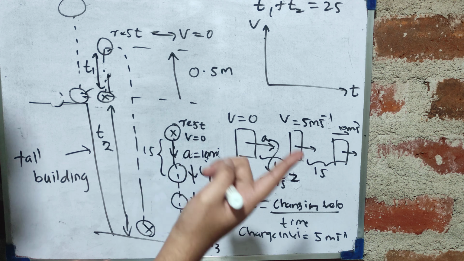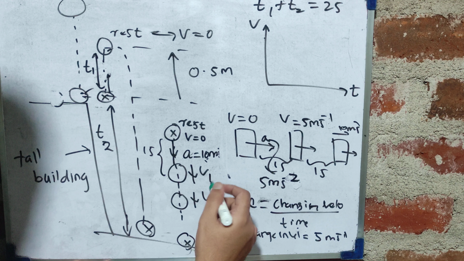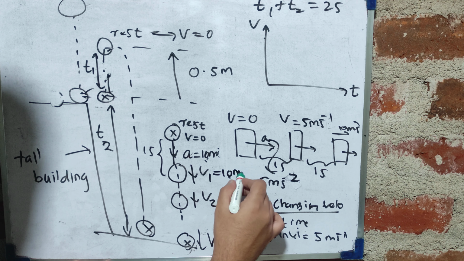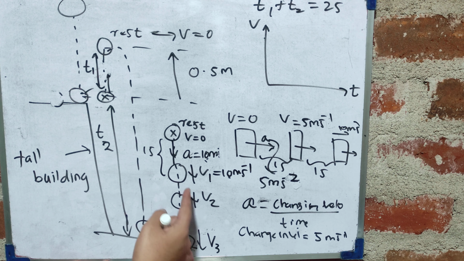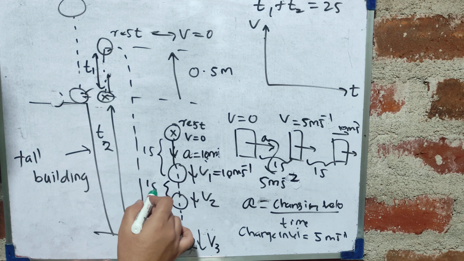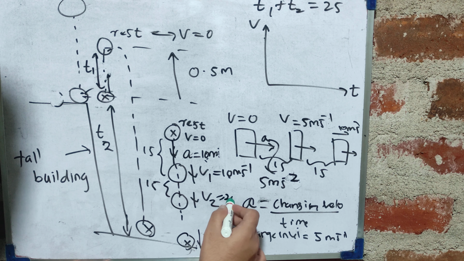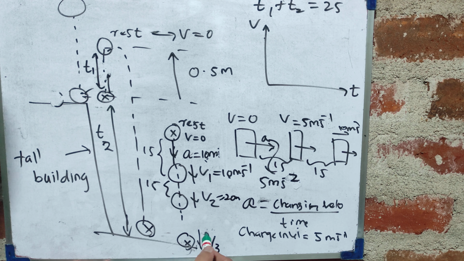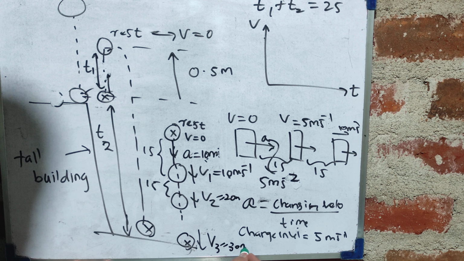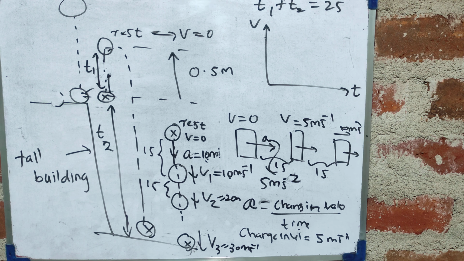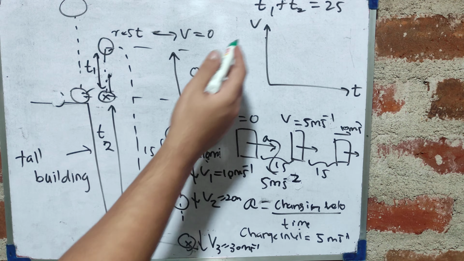Velocity will increase by 10. It's 0, so it's going to be 10 meters per second. For another 1 second, velocity v2 is going to be 20 meters per second, and v3 is going to be 30 meters per second. Okay, so this is what is happening.